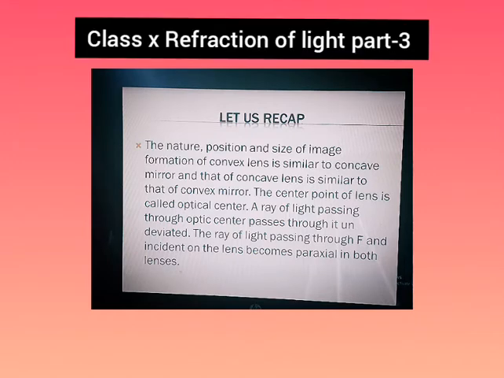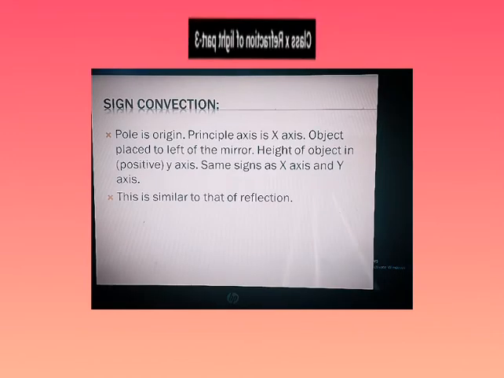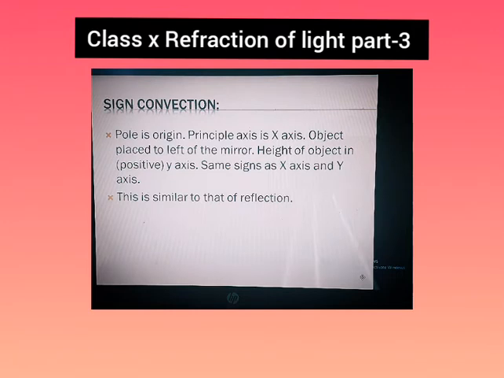Now let us see the sign convention for lenses. This is the same as for mirrors. To recap, the pole is the origin. Always we keep the mirror at the origin, parallel to the y-axis. The principal axis is the x-axis. The object is placed to the left of the mirror.